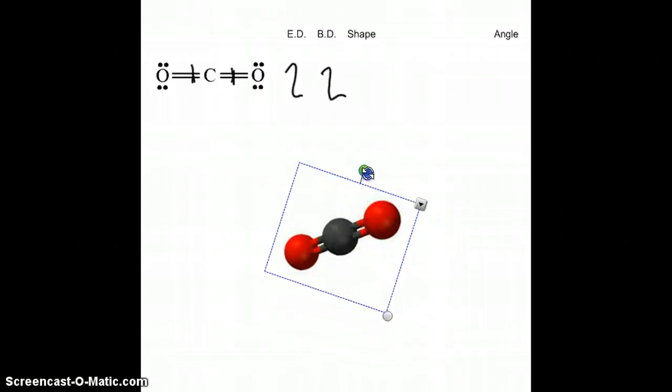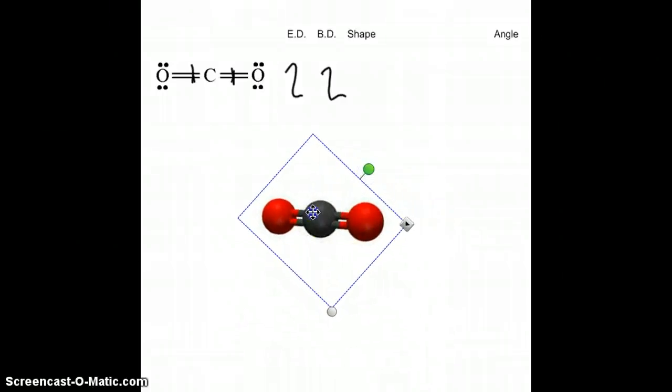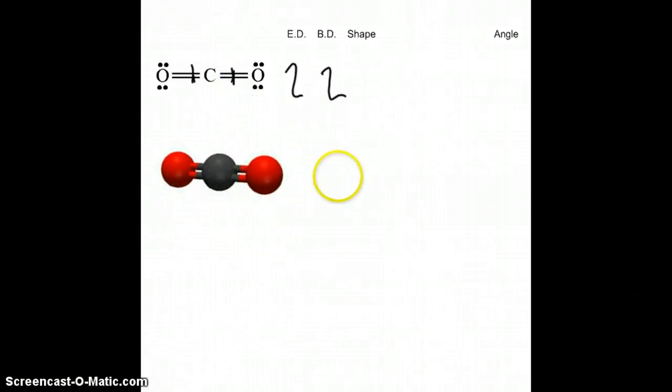Let me spin this and make this look very similar to that. But we look at that, that thing is a line. It's a linear molecule. So the shape here is going to be linear. Now this does have a bond angle because there are 2 sides to the angle, so the angle there is 180 degrees.